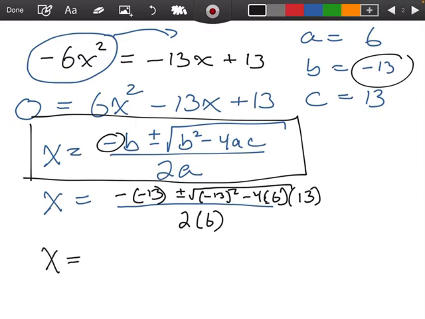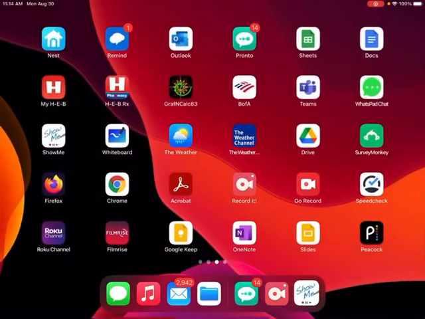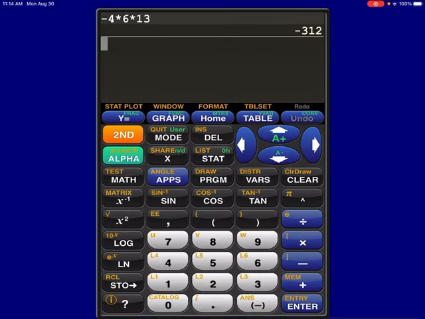Now I'm going to start simplifying. Negative and negative become positive, plus or minus the big square root. Negative 13 squared is 169. Now I'm going to multiply this part using my calculator: negative 4 times 6 times 13 is negative 312.